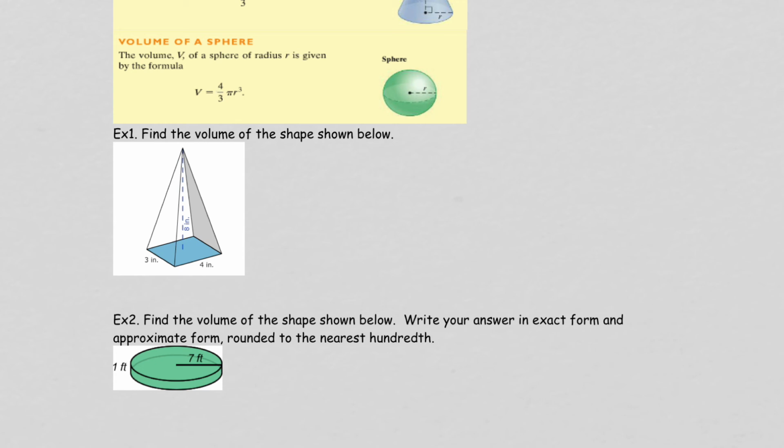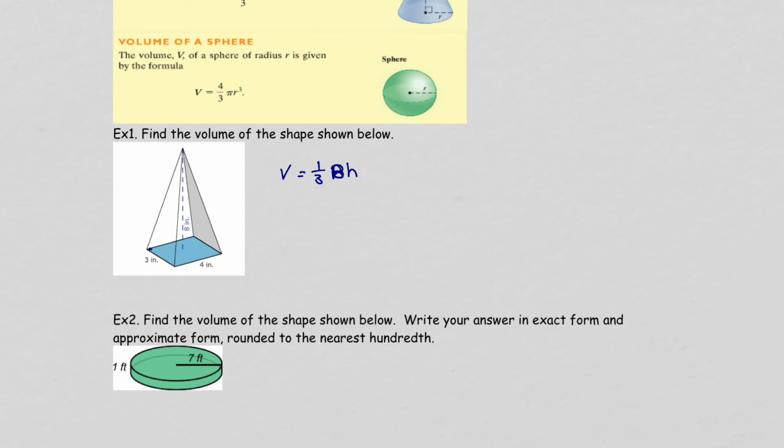So remember, your formula is 1/3 BH. And don't forget, this B is the capital B, not the small b. Small b was the base. This larger B is the area of the base.